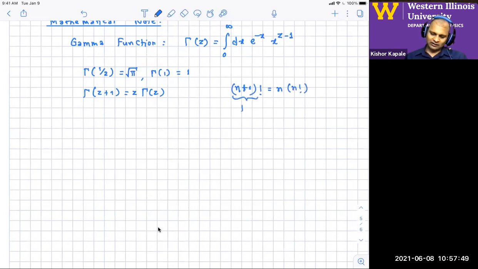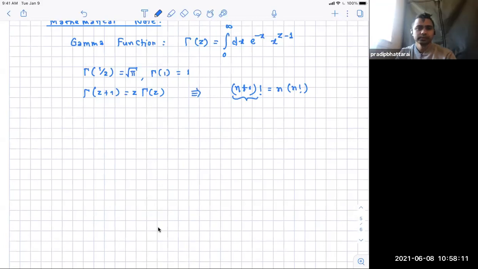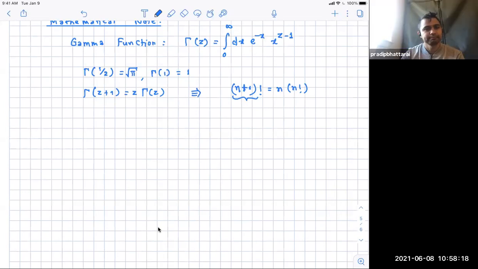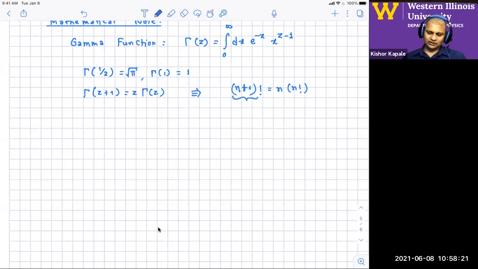I'm trying to connect them, but you can kind of see the nature, right? That one is the recursion formula: gamma of z plus 1 is equal to z times gamma of z. Same thing: n plus 1 factorial is equal to n times n factorial. So it has a similar structure to the factorial function. So there is a similarity.